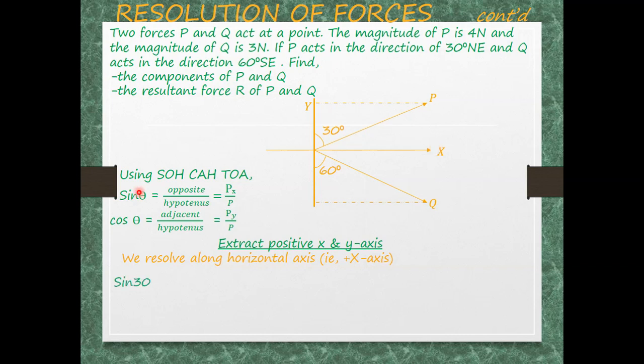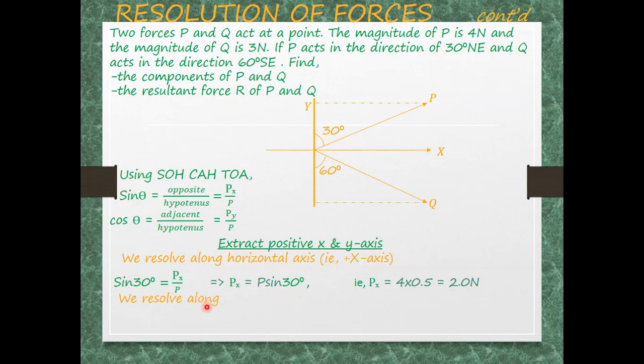So we are working with sin theta, which has become sin 30 degrees, opposite over hypotenuse, which we have here, Px all over P. That implies that Px, if we cross multiply, becomes P sin 30 degrees, which gives us Px equal to 4 times 0.5, and that gives us 2.0 Newton, and that is the force along the x-axis.